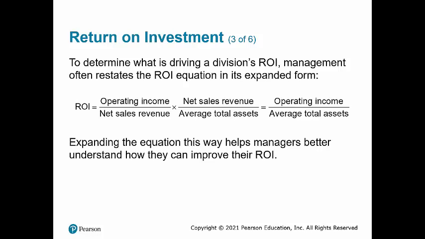When the two terms are multiplied together, net sales revenue cancels out, leaving the original ROI formula. In this expanded form, return on investment equals the profit margin ratio times the asset turnover ratio. The expanded form of return on investment reveals that profitability and the efficiency of asset usage are driving the ratio.